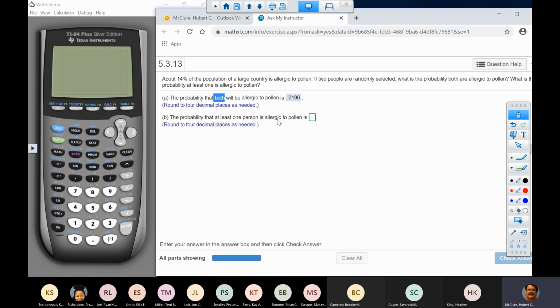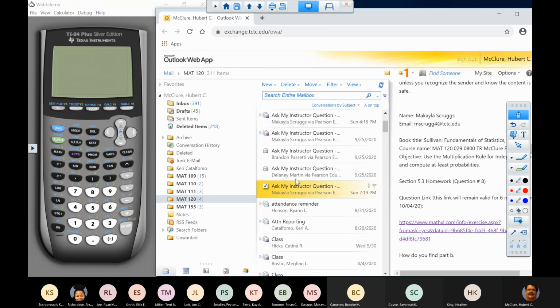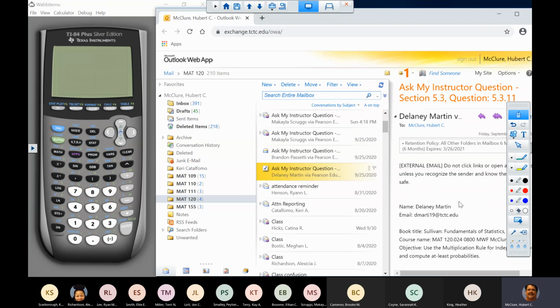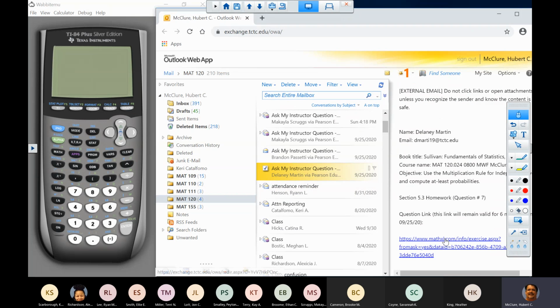And then this would be 0.14 to the first power, which is 0.14, plus 0.0196. That would be the second part. I feel like I'm going over the three questions same. They were the same, I believe. 5.311/7.